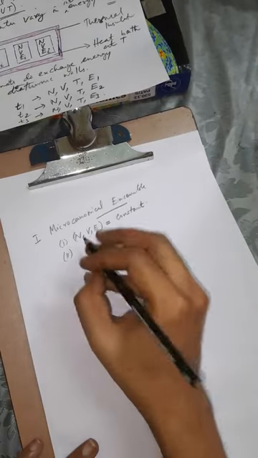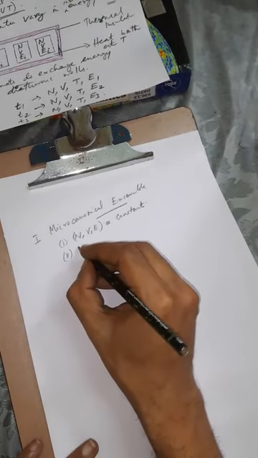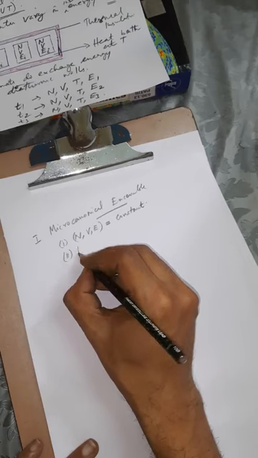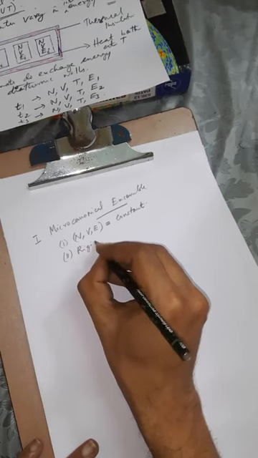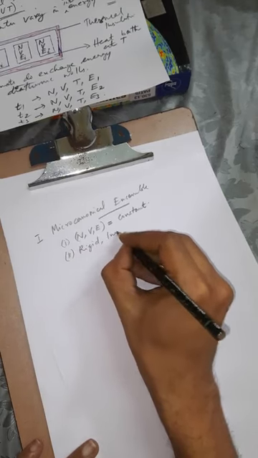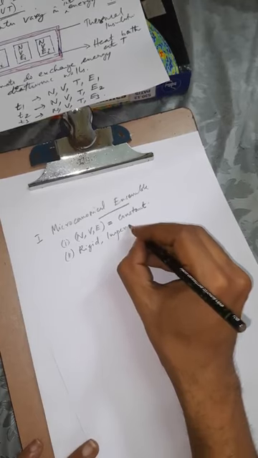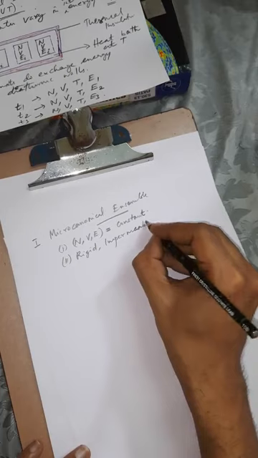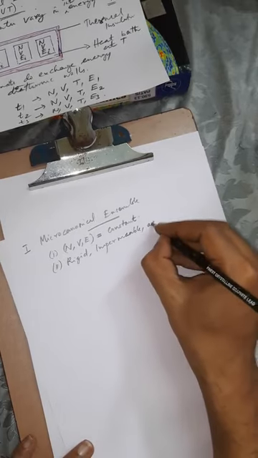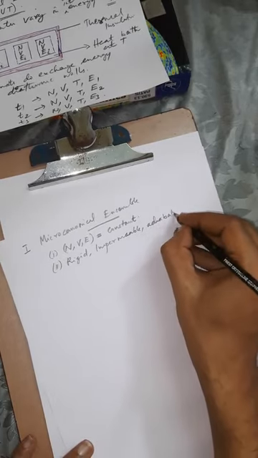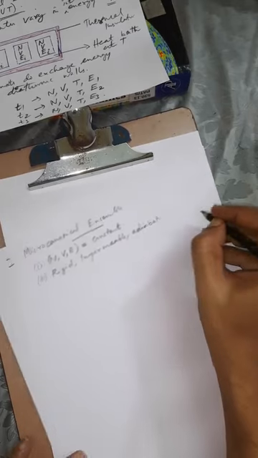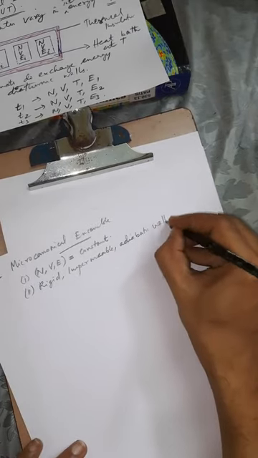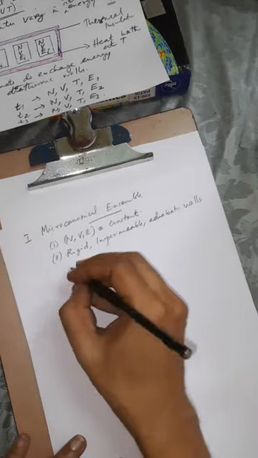So I can write down the characteristic as it is made of rigid, impermeable, adiabatic walls.